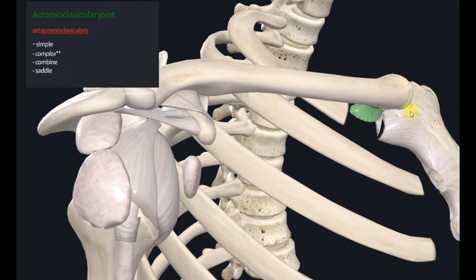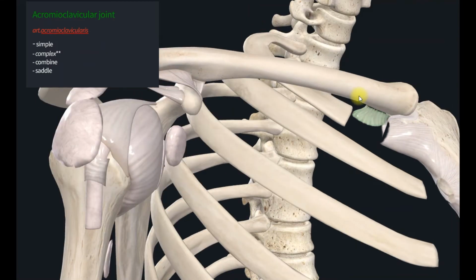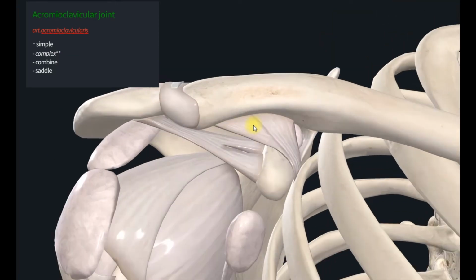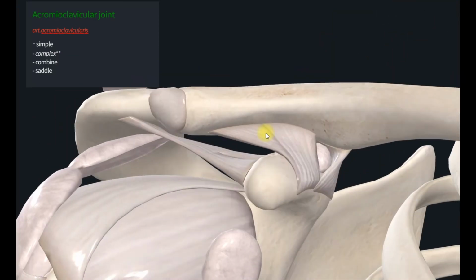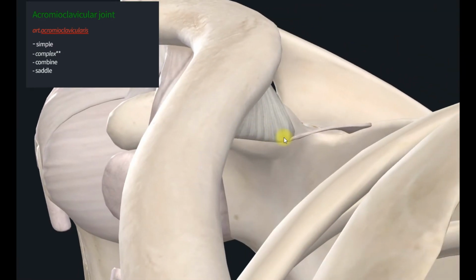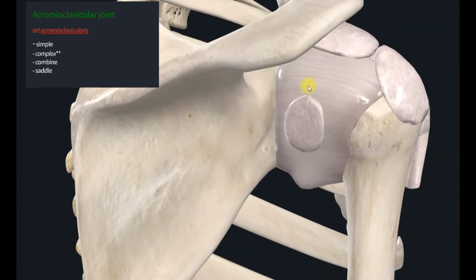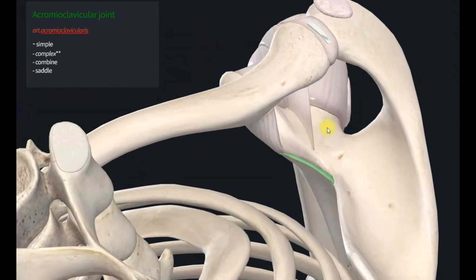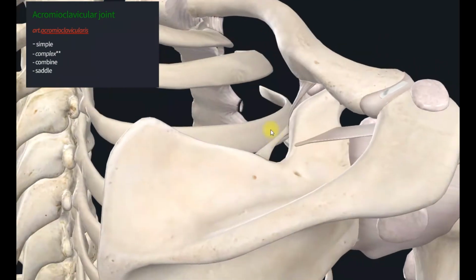Okay, and the ligaments which make these two joints stronger. The first ligament on the proximal end of the clavicle is the costoclavicular ligament between the first rib and the clavicle. Second, between the clavicle and the coracoid process, are the trapezoid ligament and conoid ligament. Also, in this region there are syndesmoses of the scapula: the superior transverse scapular ligament and the inferior transverse scapular ligament.